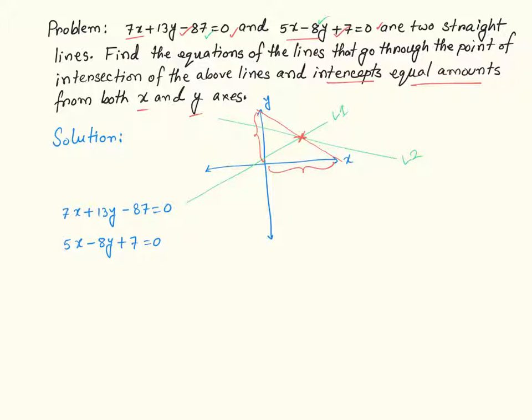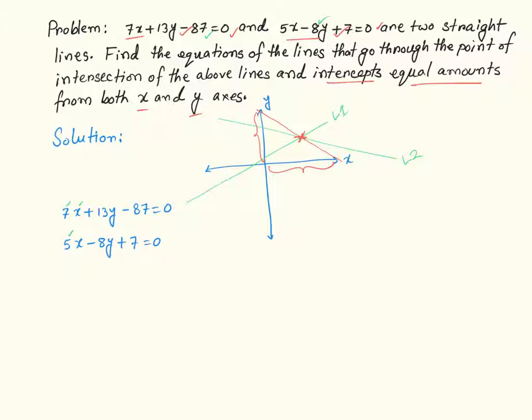In our case, let's say we want to eliminate x. So look at the coefficients of x. I have 7 here and I have 5 here in the second equation. So I am going to find the LCD of 7 and 5, which is 35, and make one of the x coefficients positive 35 and the other one negative 35.